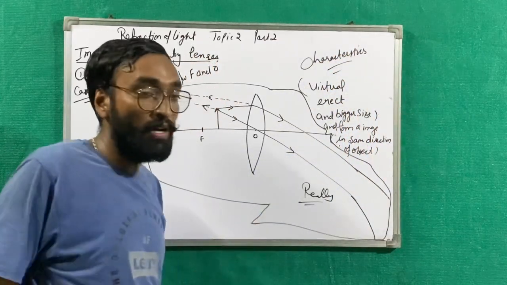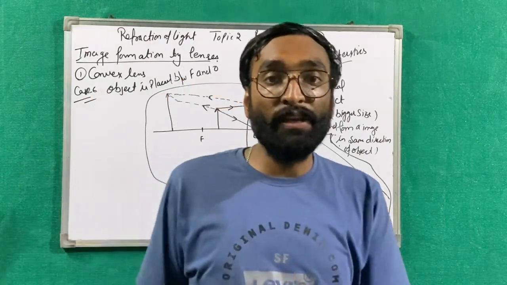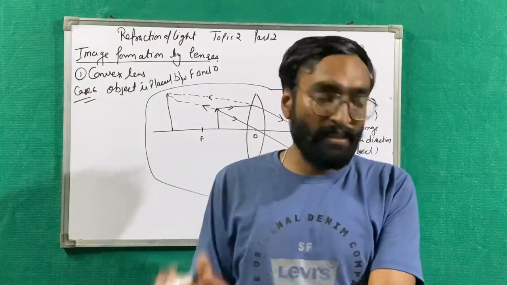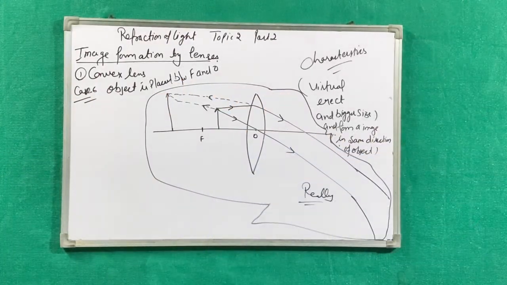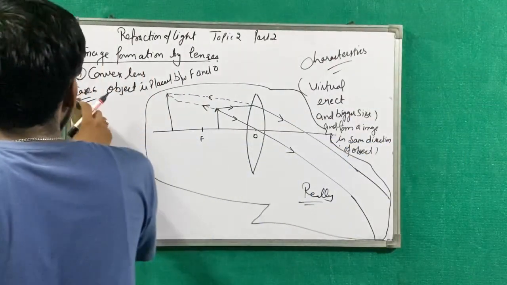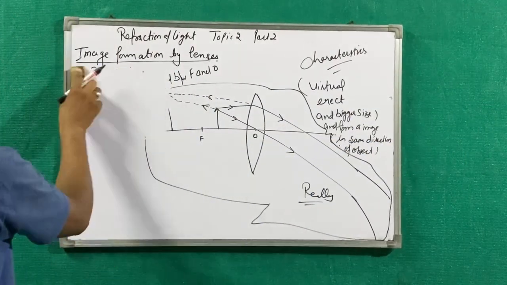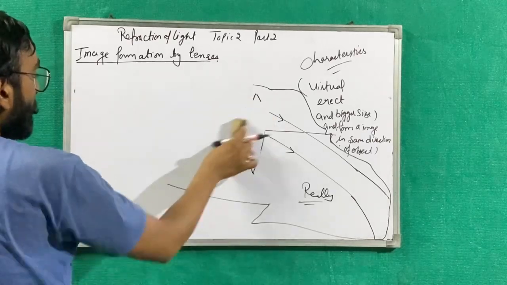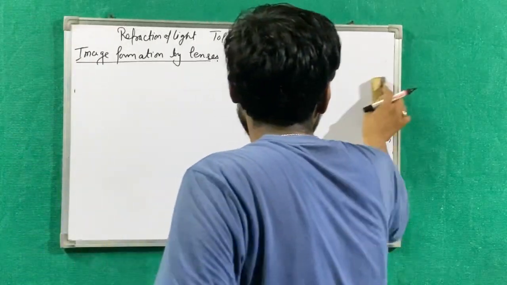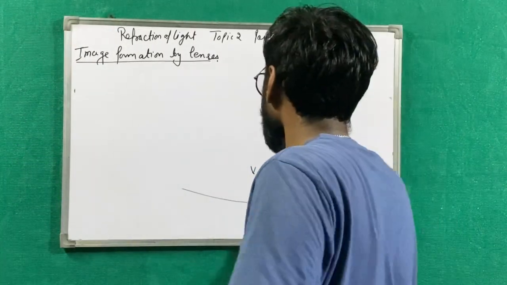By this we have completed the image formation cases for the convex lens. So for the next part we are going to have the image formation case for the concave lens, and it is going to be a single case only.